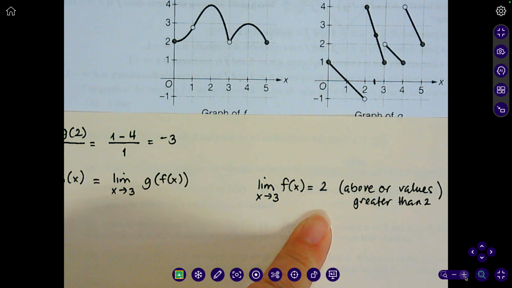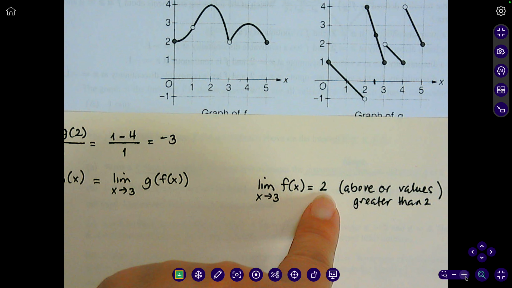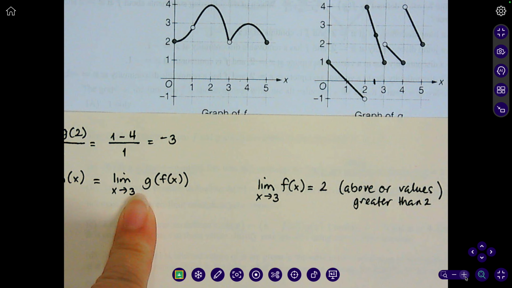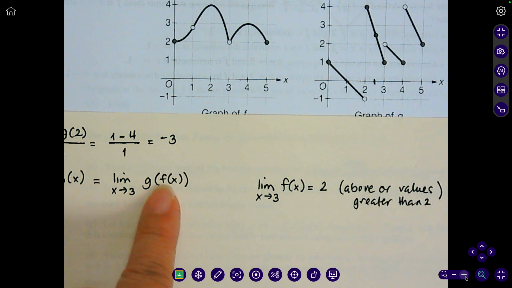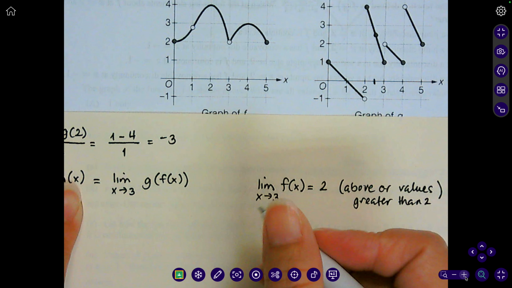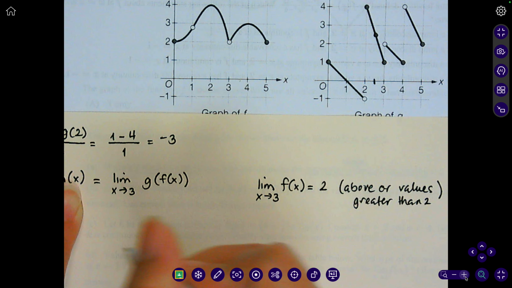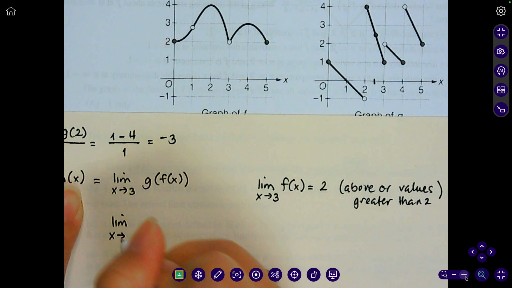Now that I know that, I'm going to go ahead and find my limit as x approaches this number for function g. Because remember, this is my y, but when you plug it into g it changes to x. So this is what you're going to do now. You're going to find the limit as x approaches this 2.